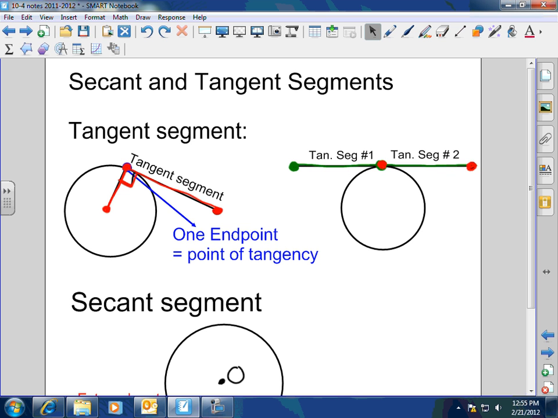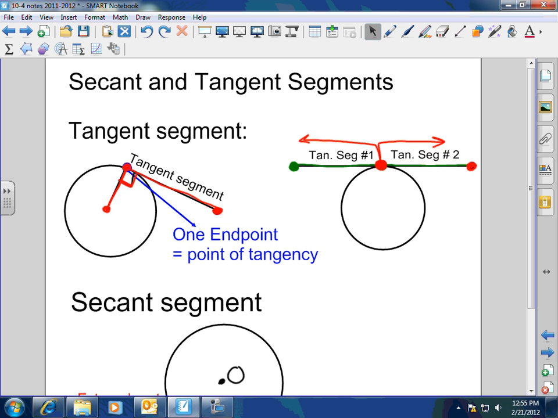So you would have two different tangents in that particular case. This would be basically two segments combined. And the central point here, the point of tangency, is going to define whether I go to tangent 1 or tangent 2. Does that make sense?